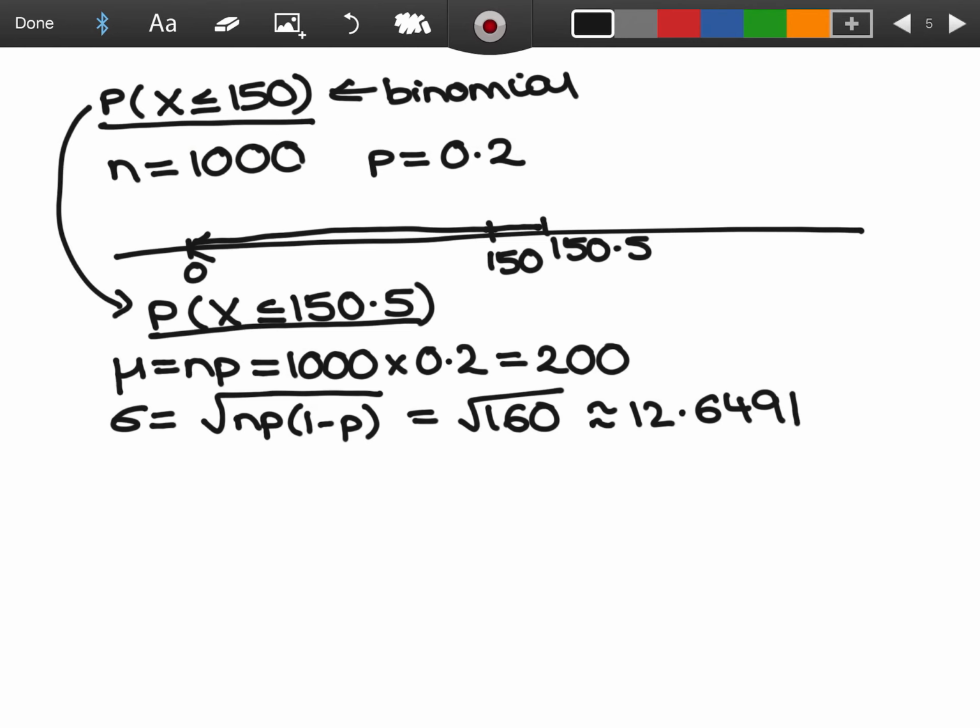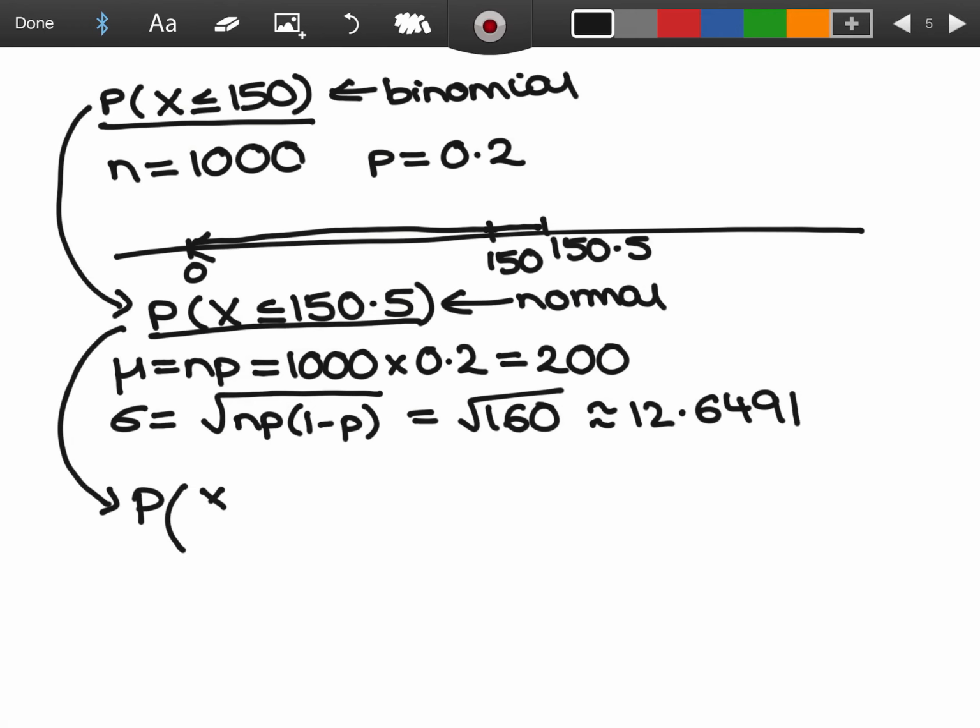What I'm going to do is link this back to what we have done in 8.3, 8.4, where we've looked at how we can take a normal distribution that doesn't have a mean and standard deviation of 0 and 1, and take it to our standard normal distribution using our Z transformation. This is in binomial at the top, then we've gone into normal distribution. I'm then going to take my calculation in normal distribution and put it into standard normal distribution.